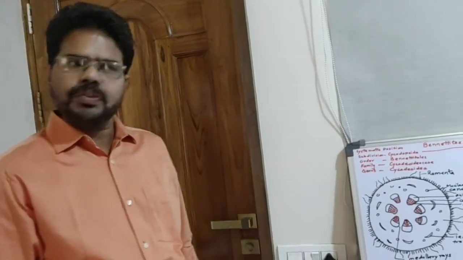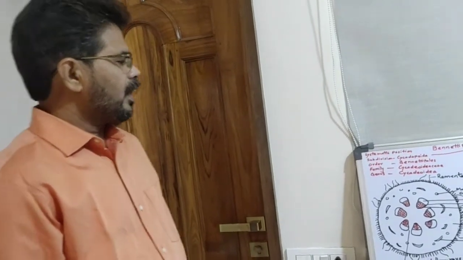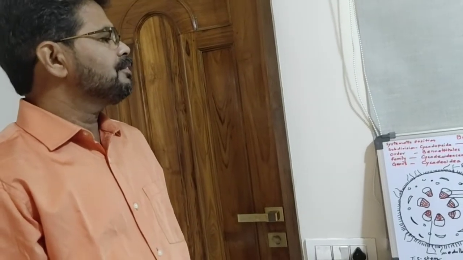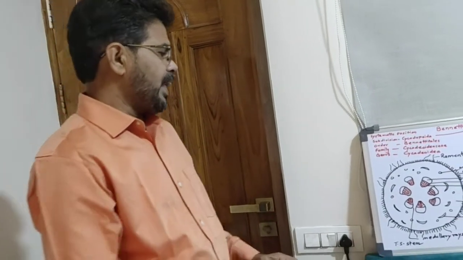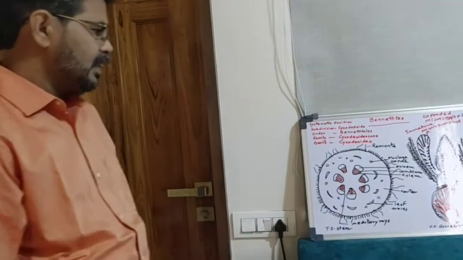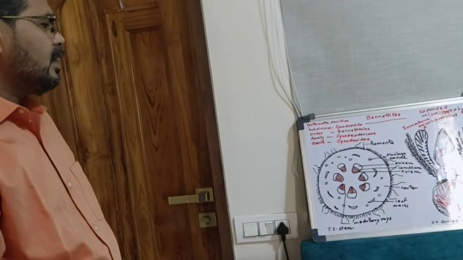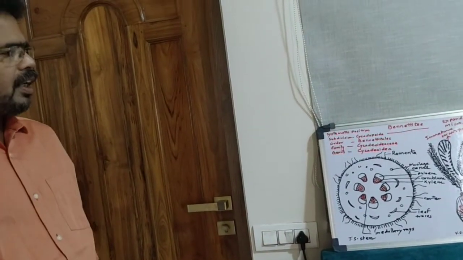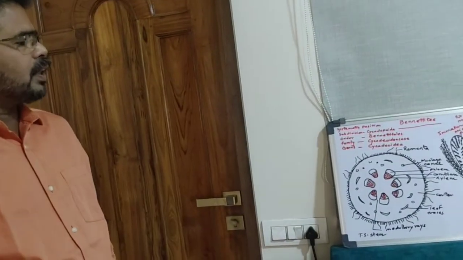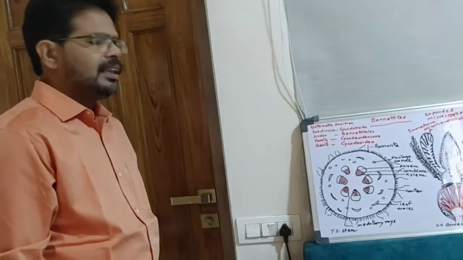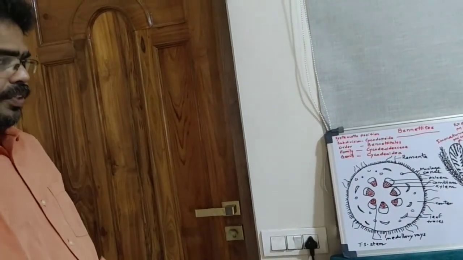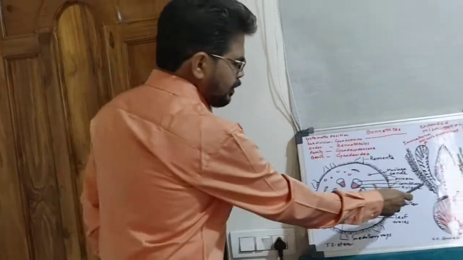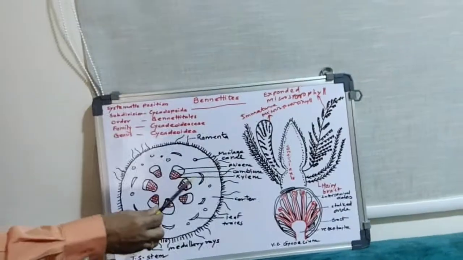Although this is a gymnosperm, its reproductive part is known as a flower because it appears like a flower, and the flower is bisexual or hermaphrodite, where both the male and female parts can be observed.